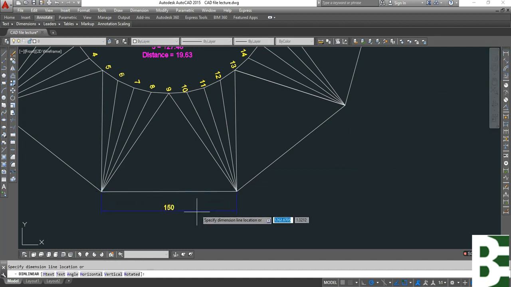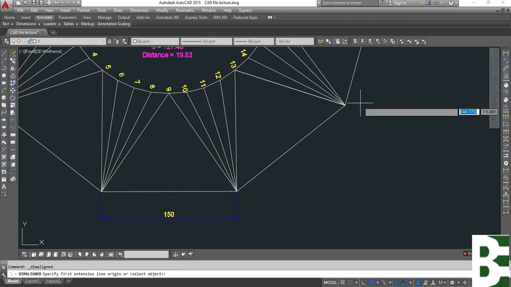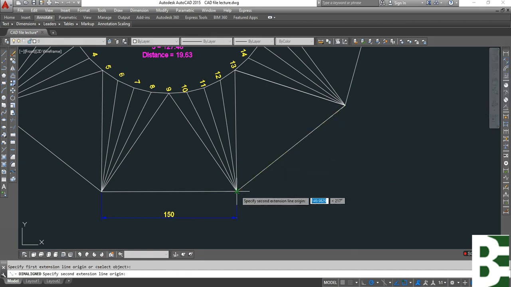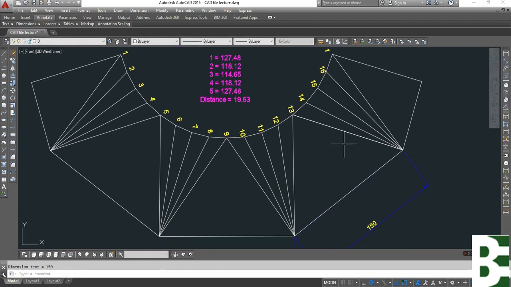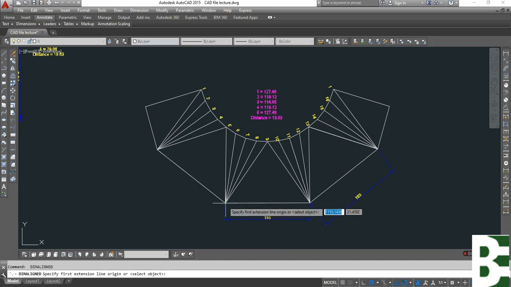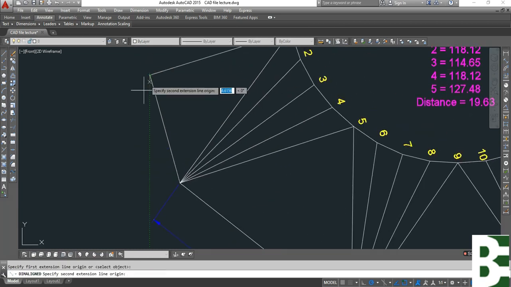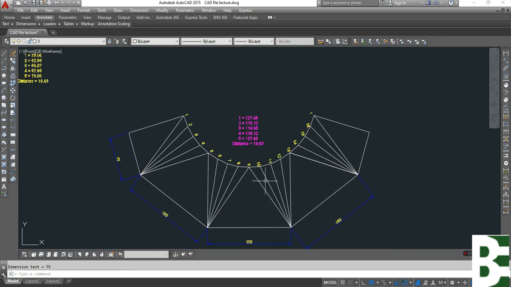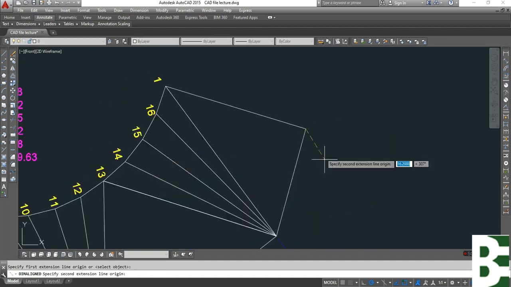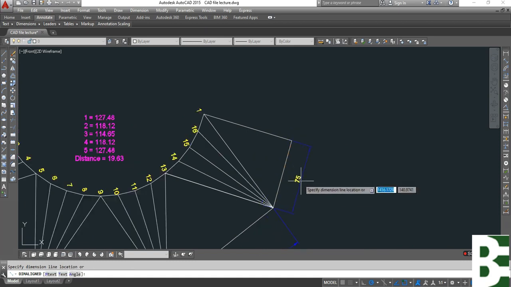but see, this is 150, 150, and this one is also 150, 3 sides, and this one is my 4th side, half on this side and half on the other side.